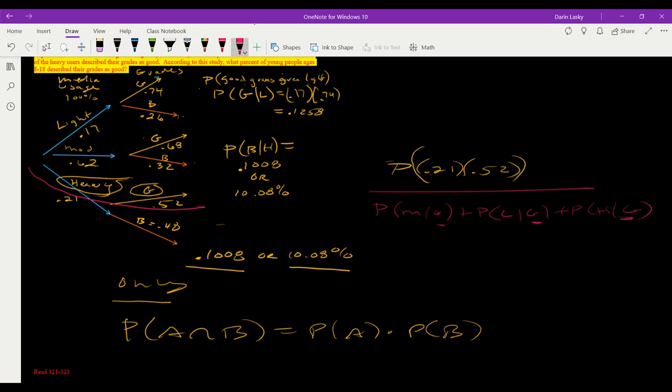The medium users is 0.62 times the ones that get good grades, 0.68. Plus the probability that they're light users that get good grades, which we figured out right here, so I'll write that in, 0.1258, plus this one up here, which is 0.21 times 0.52.